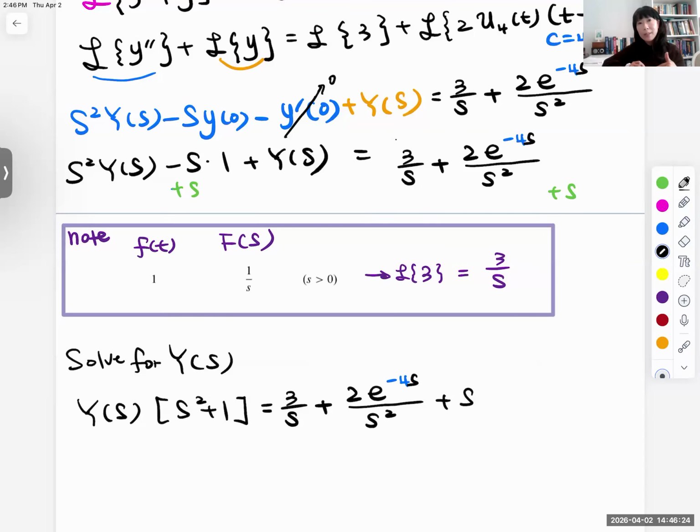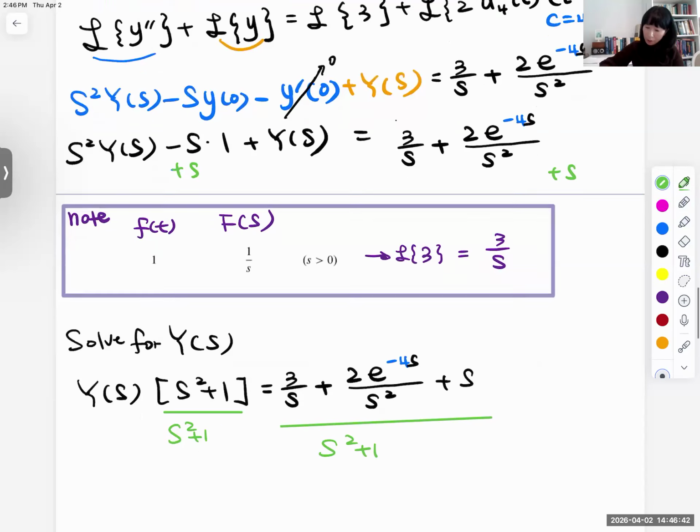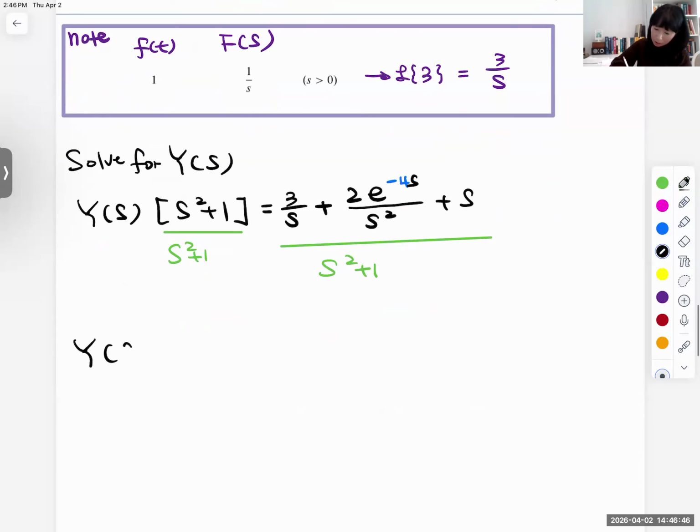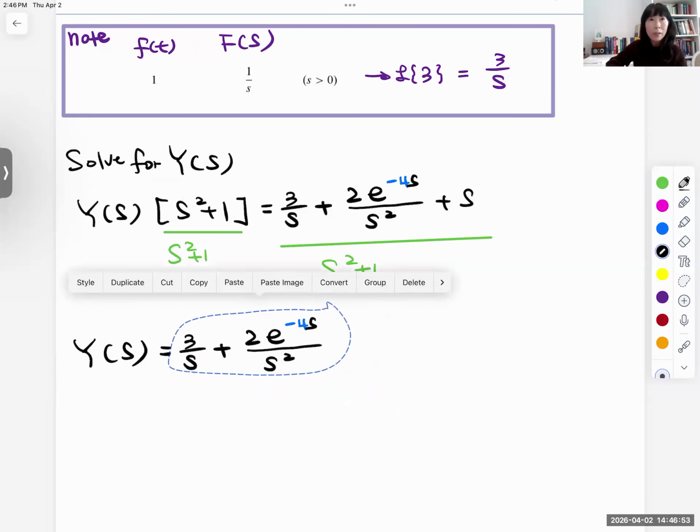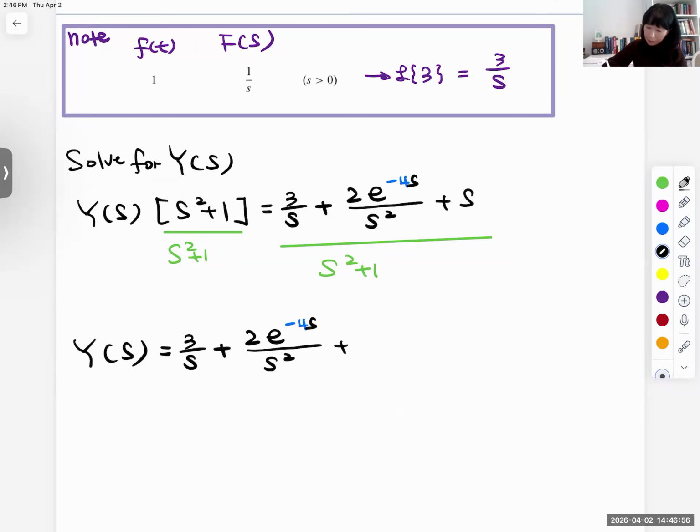Now we divide by s squared plus 1 on both sides. So y over s equals this one plus s, then 1 over s squared plus 1 for every term, so s squared plus 1 over s squared plus 1.